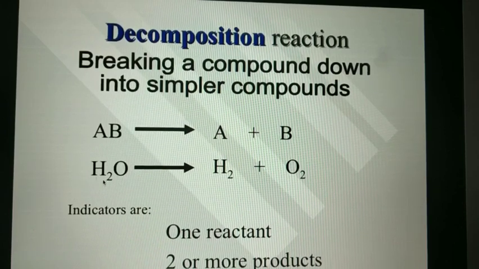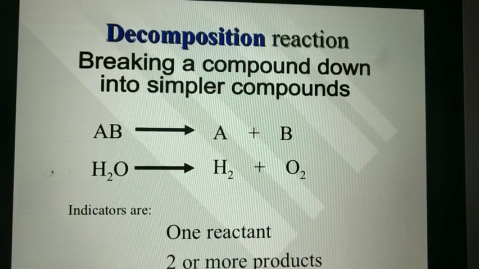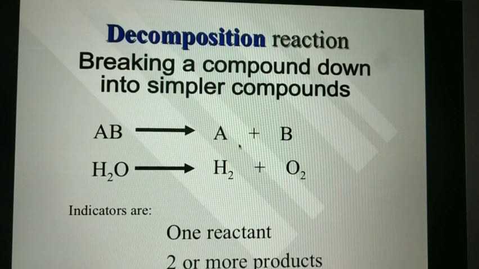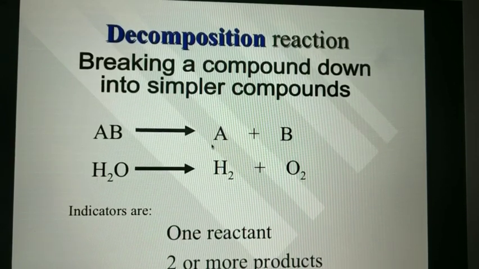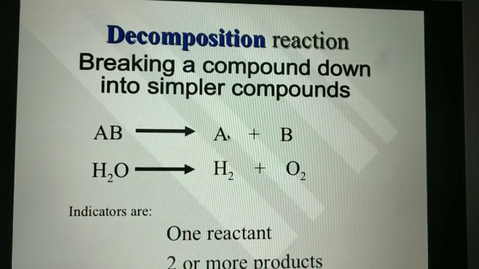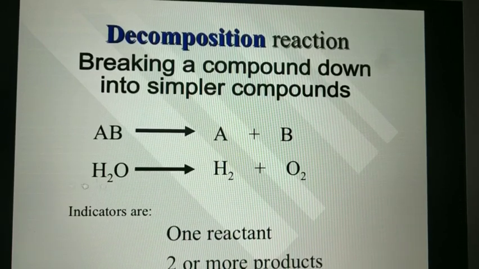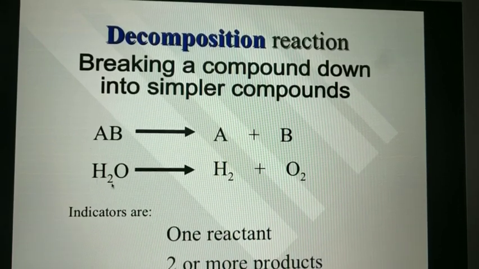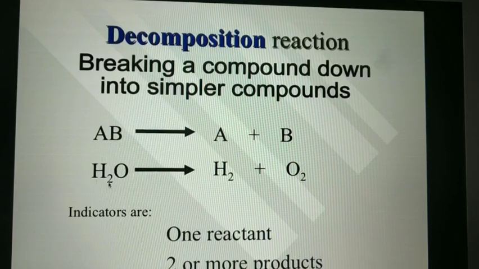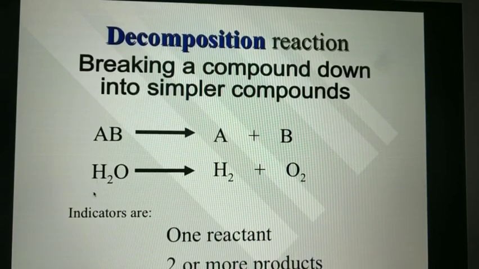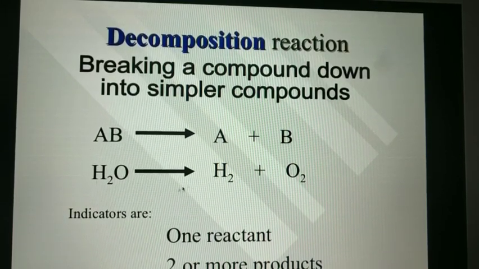Now H2O, this is an example. Note this so that you can identify decomposition or combination. AB will decompose into A plus B. Now H2O is a compound. It will break down into simpler substances, its constituent elements. What are the elements? H2 plus O2.